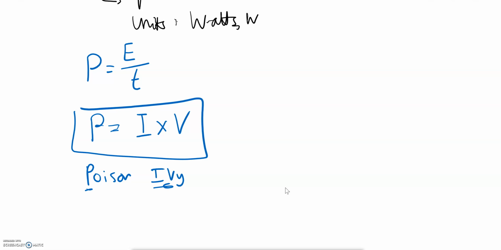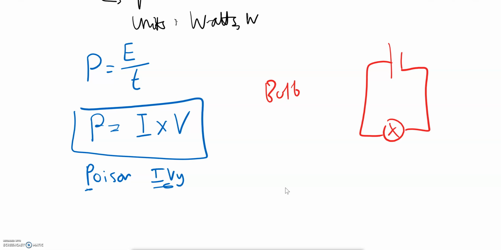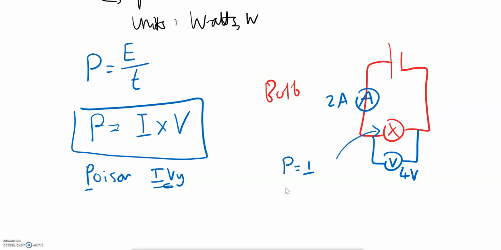So if we, say, had a bulb set up like this, and we measure the current, and it's 2 amps, and the voltage, and let's say that's 4 volts, then to work out the power of the bulb, we use the equation P equals IV. Remember, I is current, that's the symbol for current, and V is voltage. Put the numbers in.